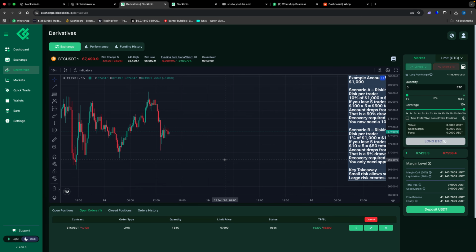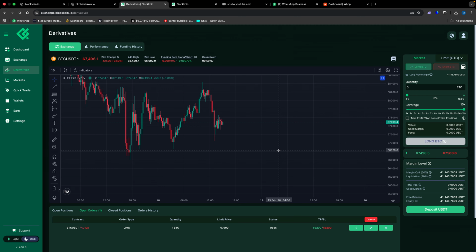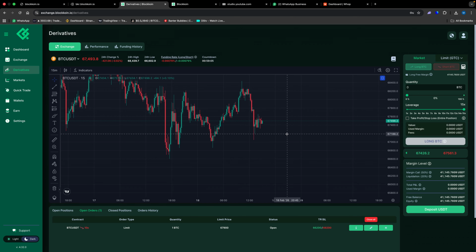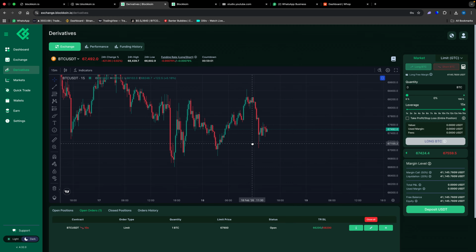Moving over to step 3. Step 3 will be talking about stop losses, take profits, and how they determine your position size. Your stop loss determines your position size, not your confidence. If your trading idea is invalid below a certain level, that level defines your risk.